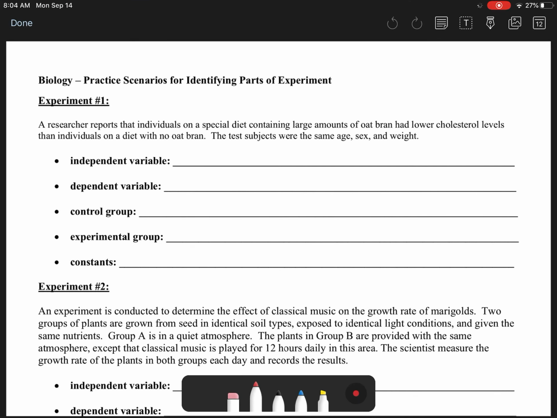A researcher reports that individuals on a diet containing large amounts of oat bran had lower cholesterol levels than individuals on a diet with no oat bran. The test subjects were the same age, sex, and weight. Well, the independent variable is what you are testing.